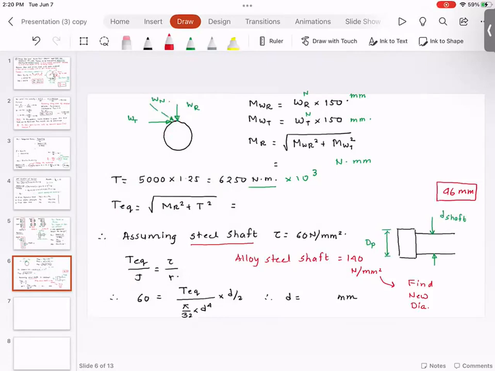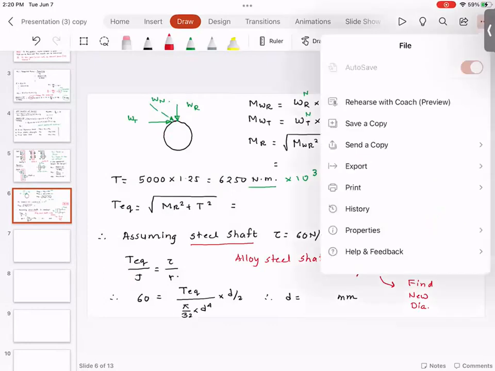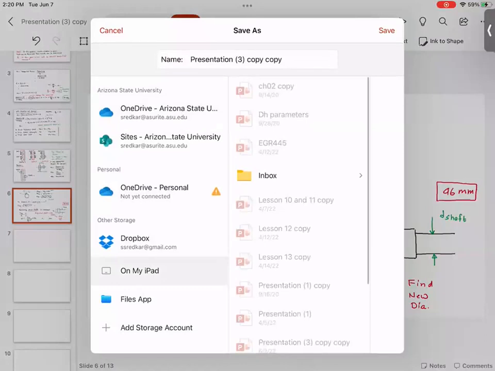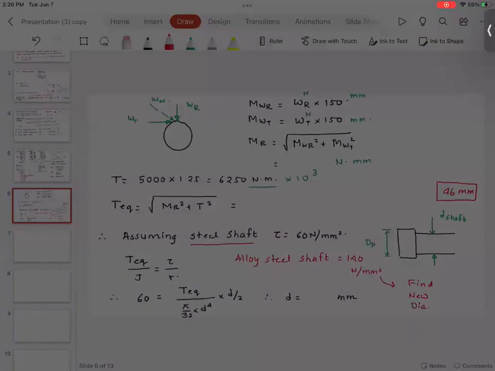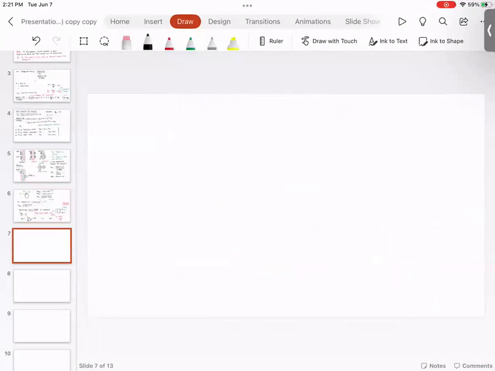Now the next part which I want to talk about briefly before I work out a full problem is the design of housing. How would you design a housing? So typically, housing has multiple purposes.